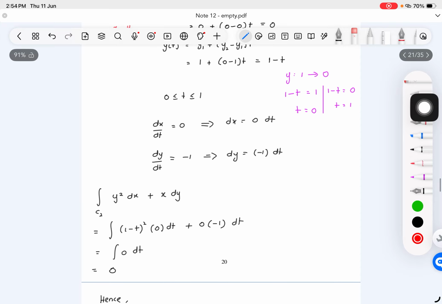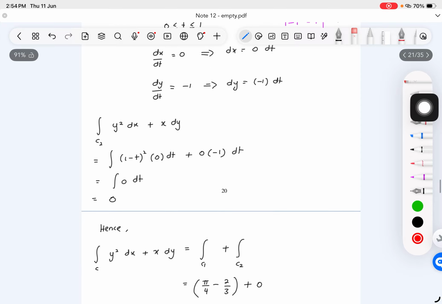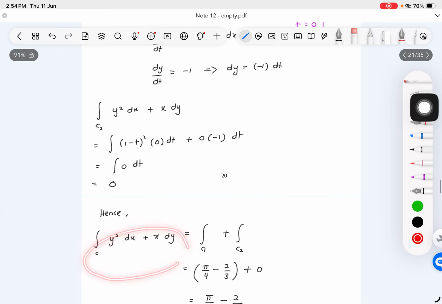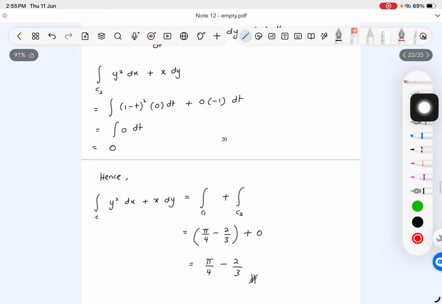The overall line integral is the line integral for C1 plus the line integral for C2. You just add them up and you get this answer. That's how we get this.